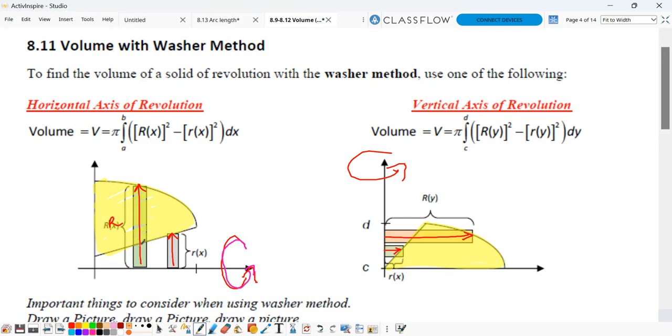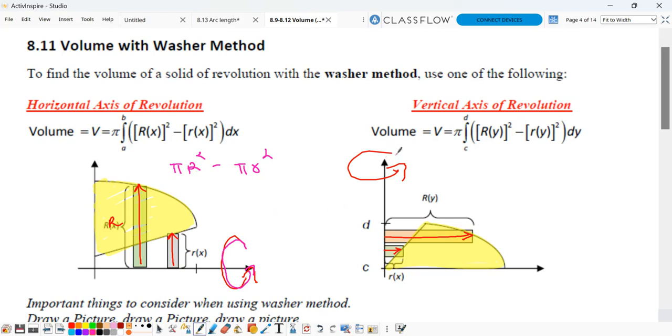The big radius squared is the farthest one, the small radius is the closest one. It is very similar to top minus bottom, but we are squaring. So pi r squared minus pi r squared; we are subtracting the two volumes.